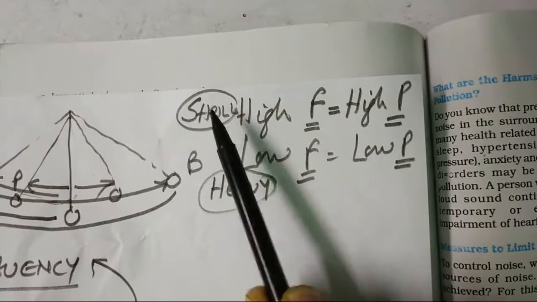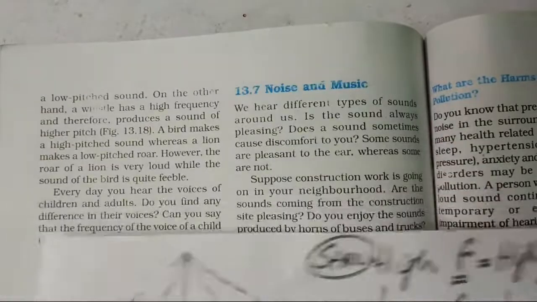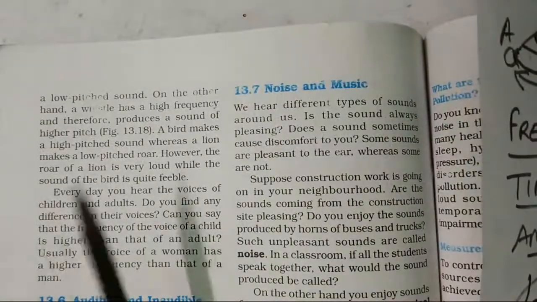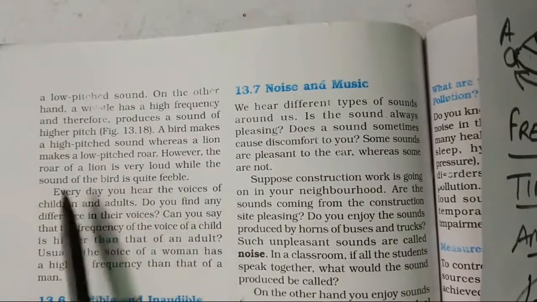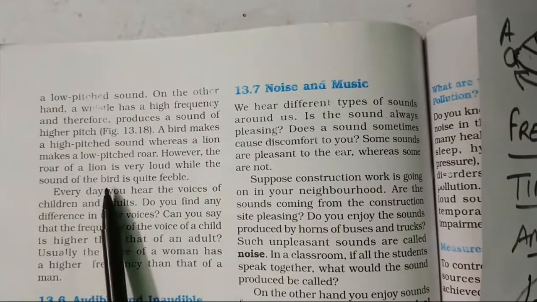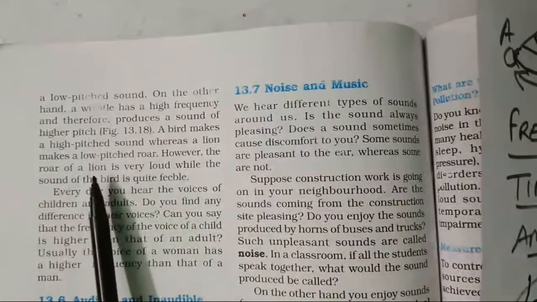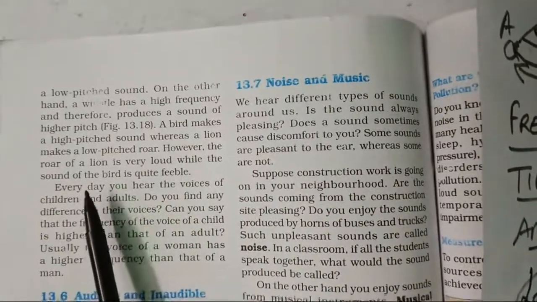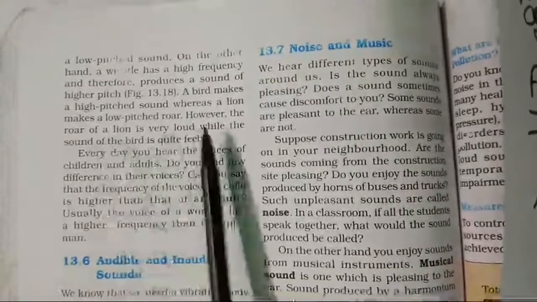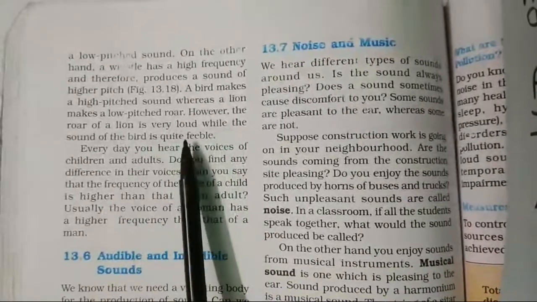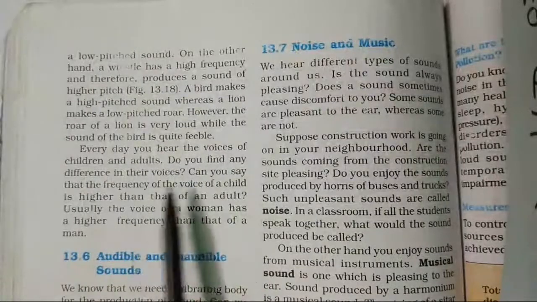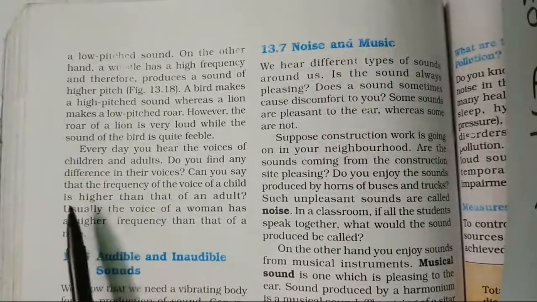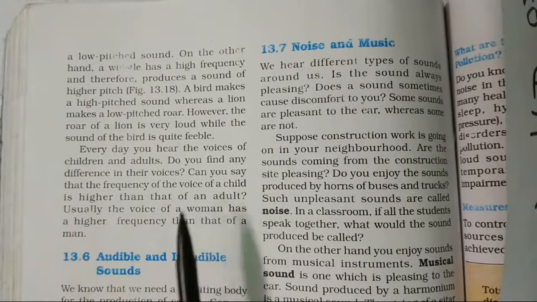Shrill means here, the roar of a lion is very loud, while the sound of the bird is feeble. So when the lion roars, his sound is heavy, and the bird produces a shrill sound. Every day we hear the voices of children and adults. The frequency of the voice of a child is higher than that of an adult.